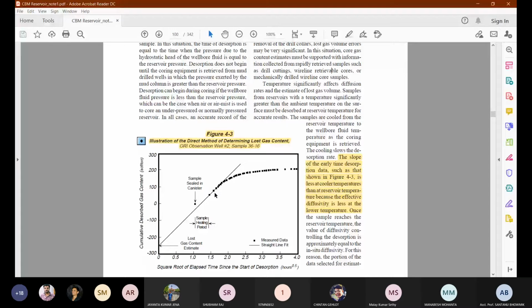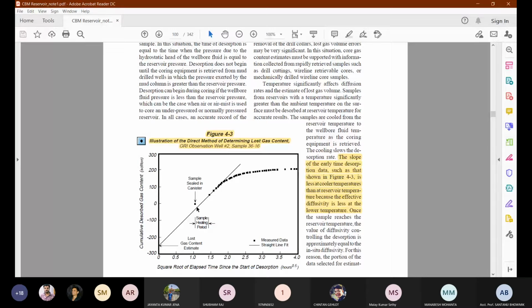Okay. So if you see this graph carefully, you will see that they have put the sample into the canister at this point, and they have put the stopwatch at 0. Okay, and then they are going to plot. So at this time, this is the time, and the gas production just started. Okay, so the gas production you can see is 0, but the time is not 0. Why?